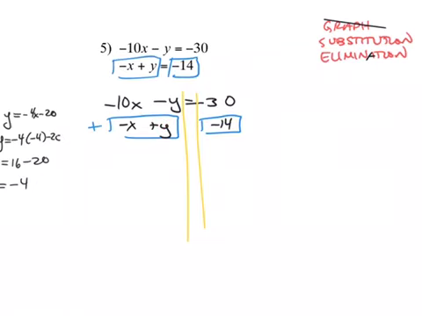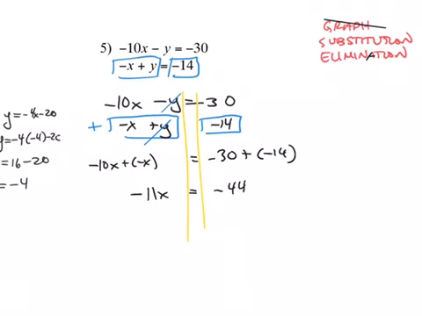So that will make one of my variables eliminate. So I get -10x plus -x. My y's eliminate, and I get -30 plus -14. That's -11x on the left and -44 on the right.